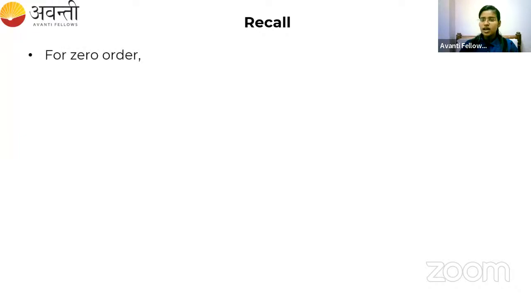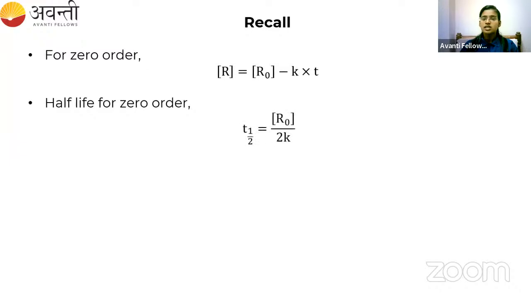For a zero order reaction, the integrated rate equation is concentration of R equals concentration of R naught minus K into T. And the half-life for zero order is T half equals R naught divided by 2K. So these are the two formulas for zero order: first the integrated rate equation, second the half-life formula.